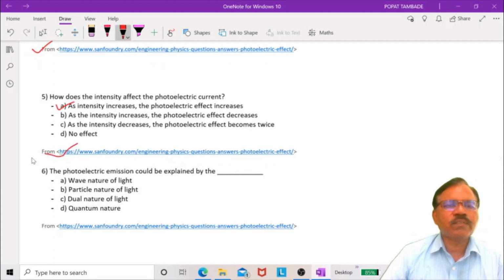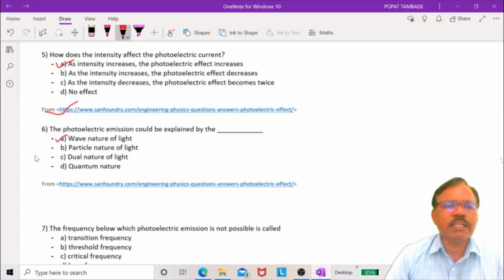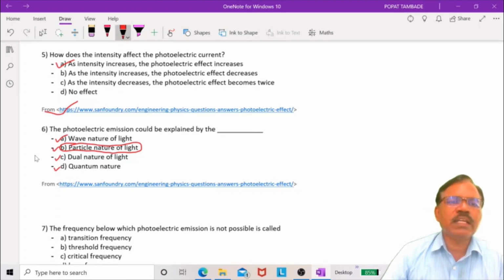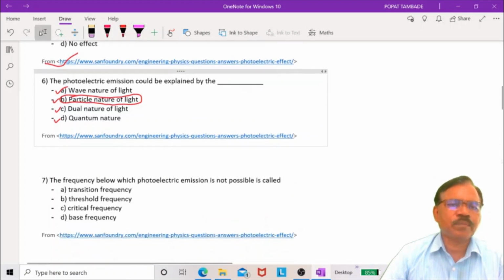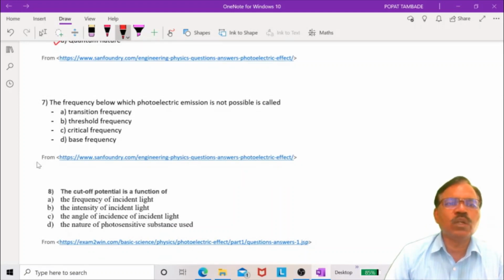Now next one, the photoelectric emission could be explained by wave nature of light, particle nature of light, dual nature of light, or quantum nature. So it is explained using the quantum nature, particle nature of light. Wave nature of light is unable to explain the photoelectric effect. The frequency below which photoelectric emission is not possible is called threshold frequency.